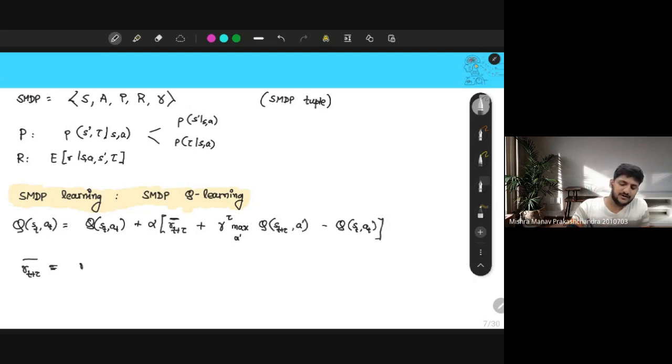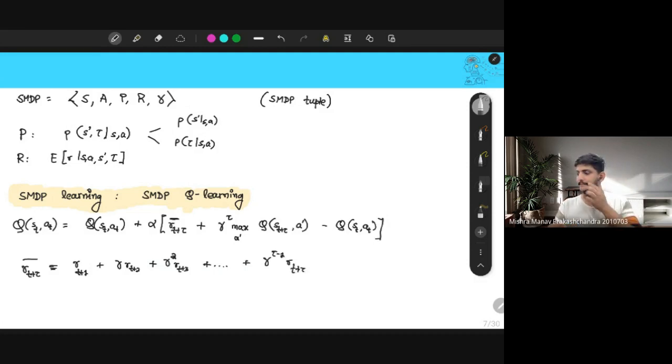So you start with reward R t plus 1, then take gamma R t plus 2, plus gamma square R t plus 3, plus and so on, till you reach gamma to the tau minus 1 times R of t plus tau, right?